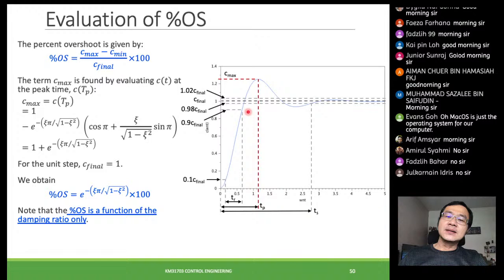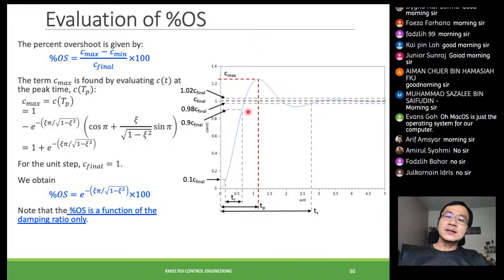By tuning the damping ratio, we can control the percent overshoot. When the damping ratio is very high, it will no longer overshoot. That is when the system is critically damped, and the overshoot is 0.